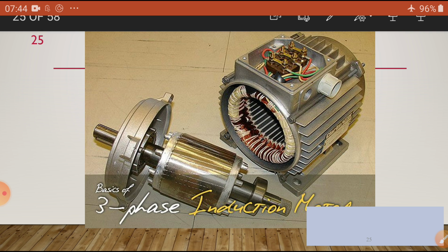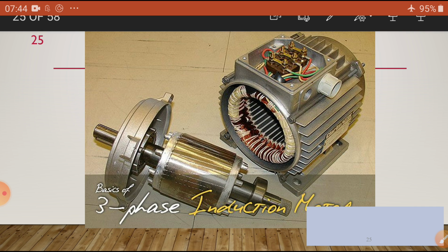But here there is no shifting of the secondary supply and primary side supply. Always in motors we are going to give the supply on the stator side only, that is equal to the primary side. Whereas in transformers, as per our convenience and the rating of the transformer, the open circuit, that is the no load test, is conducted on the LV side and the short circuit test is conducted on the HV side.